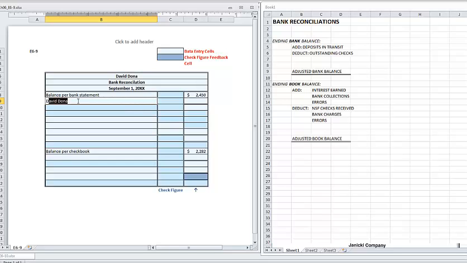So this is called a deposit in transit. And remember that this is the only type of addition to the bank statement balance. And that was for $60.